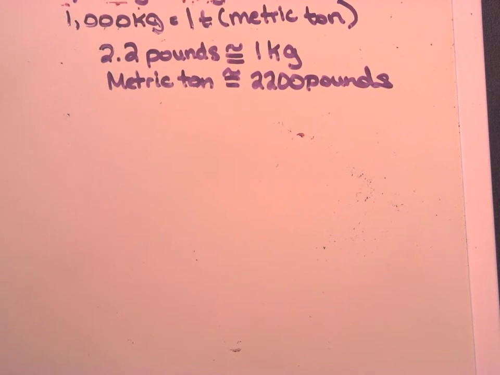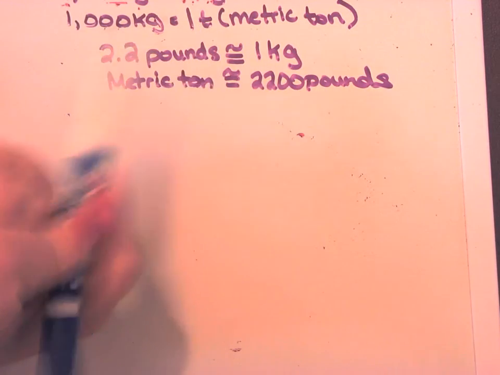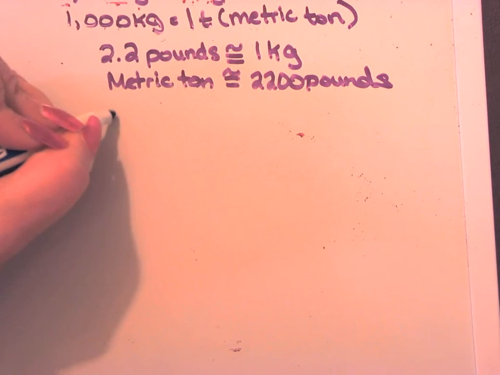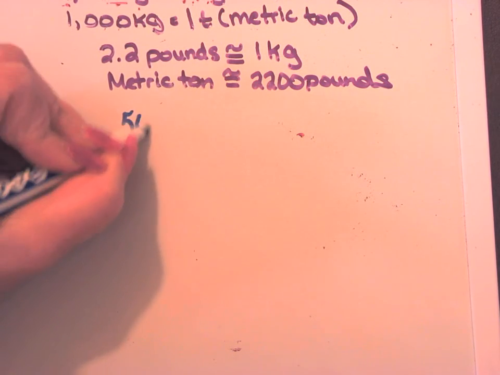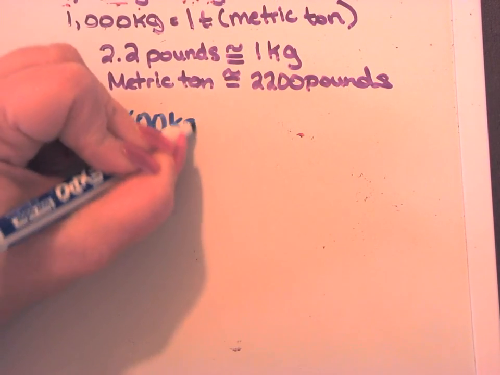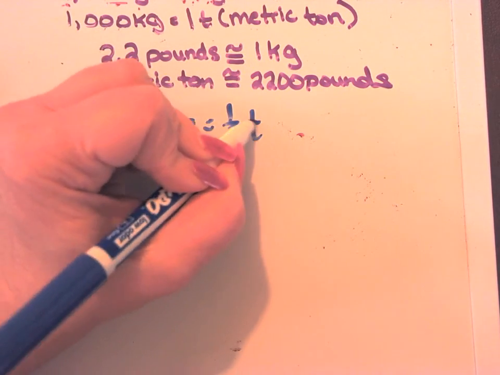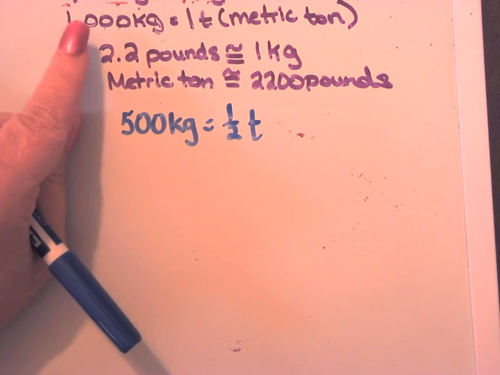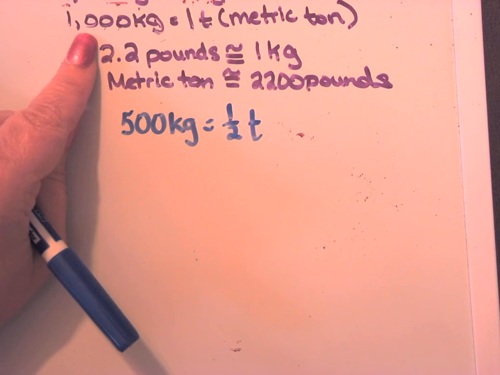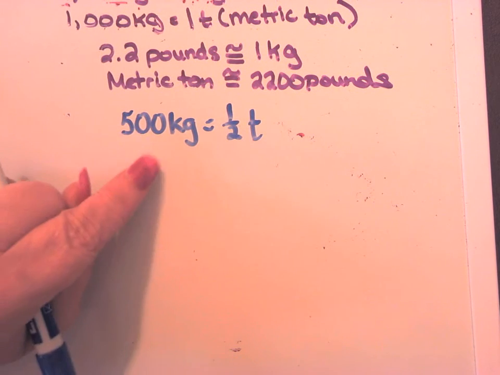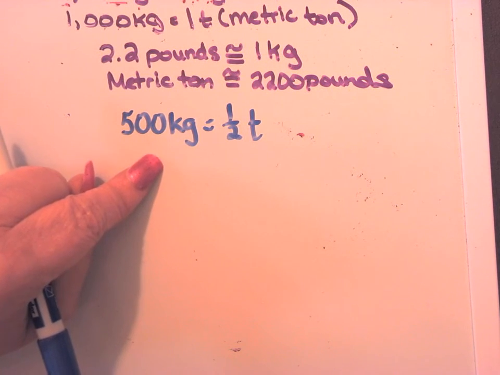Here's a metric ton. It says there's 1,000 kilograms in 1, so we have 500 kilograms in half a metric ton. See how I got that? 1,000, cut it in half because I have half of one. So that's where I get that 500 kilograms.